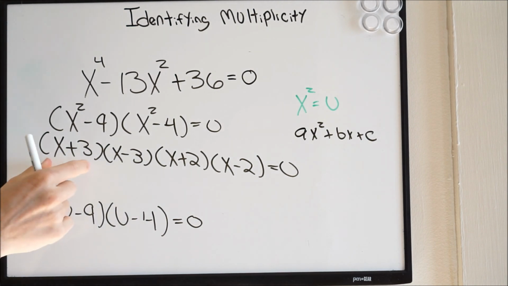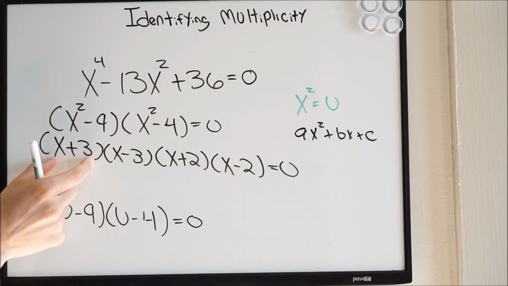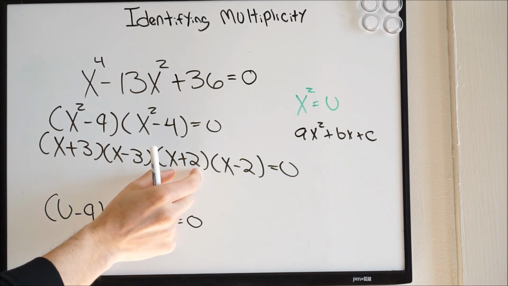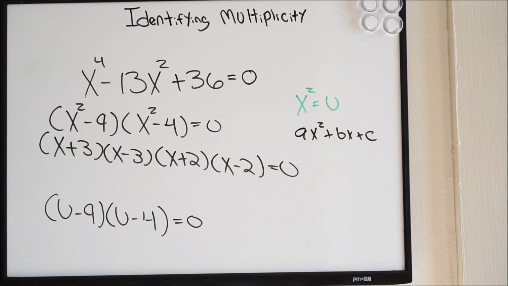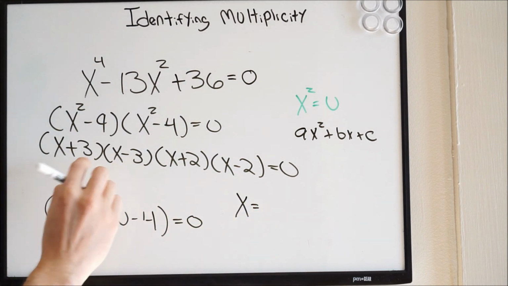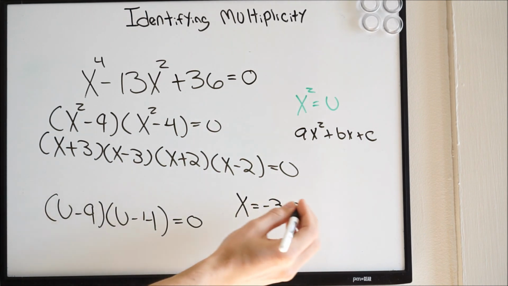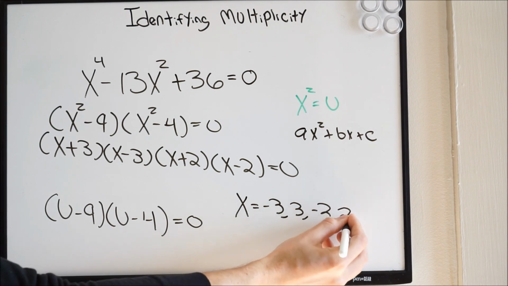Now we solve for each one of our factors, so when we solve this, we'll get x equals negative 3, we'll get x equals 3, we'll get x equals negative 2, and we'll get x equals 2. Alright, so we're going to go ahead and write this out. We have x equals negative 3, 3, negative 2, and 2.